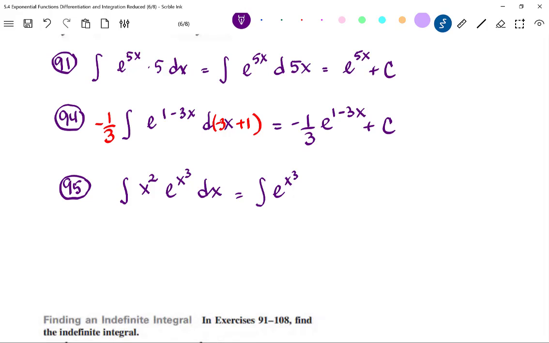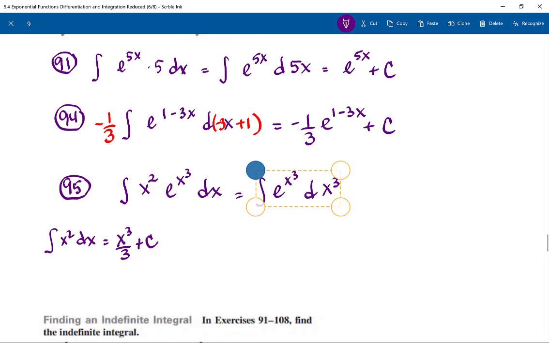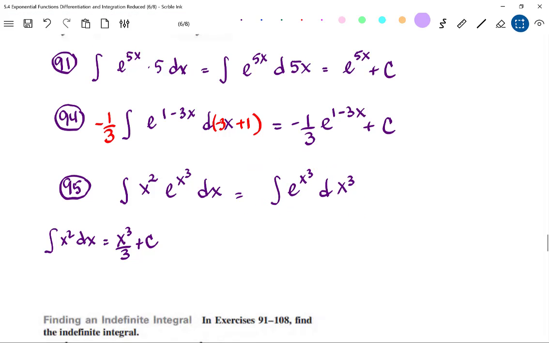Since the integral of x squared dx is equal to x to the 3rd over 3 plus c, that's the same thing as going, well, that's the derivative of x to the 3rd, 1/3.